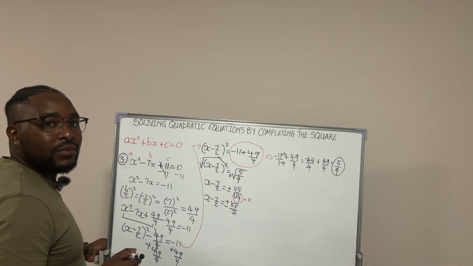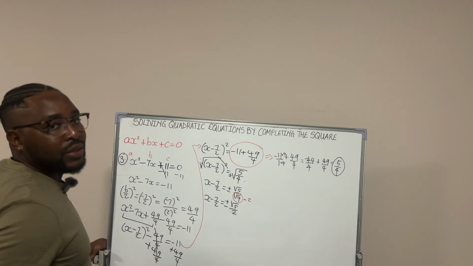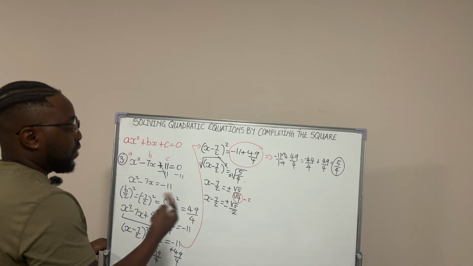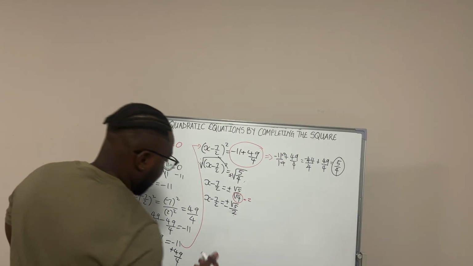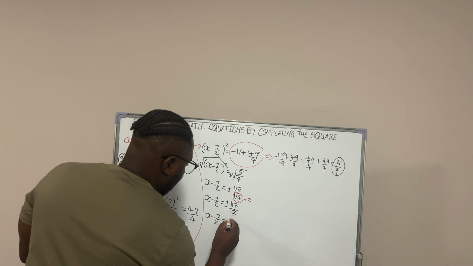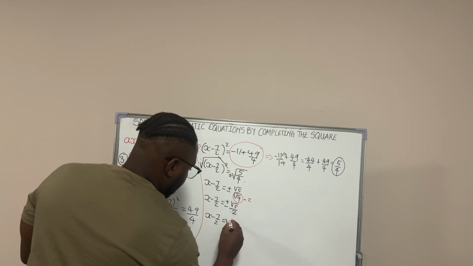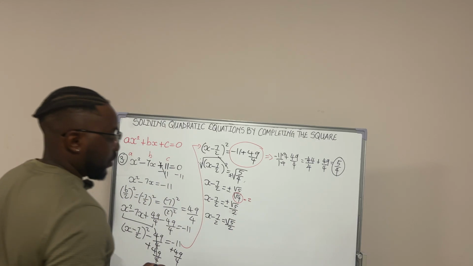Yeah? Okay, so now let us work out our two equations, because we have two equations, yes? One involving positive and the other one involving negative. Let's go with the positive one. So we shall have x minus 7 over 2 equal to, we're using the positive one, square root of 5 over 2. Okay?